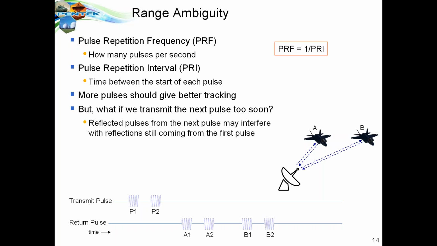For example, is the A2 pulse really from target A, or could it be from target B? And that is the essence of range ambiguity: which return pulse belongs to which target. And in this case, you're not really sure of who caused the return signals on the A2, B1, and B2 signals.